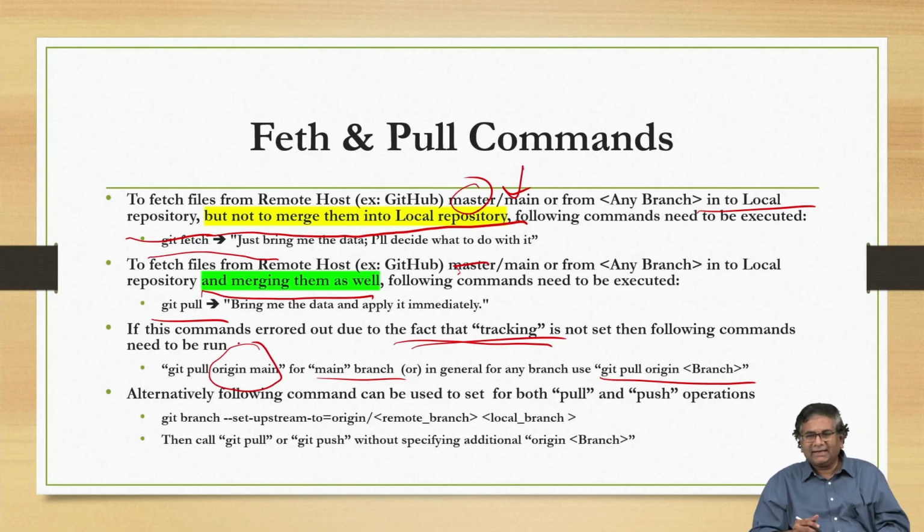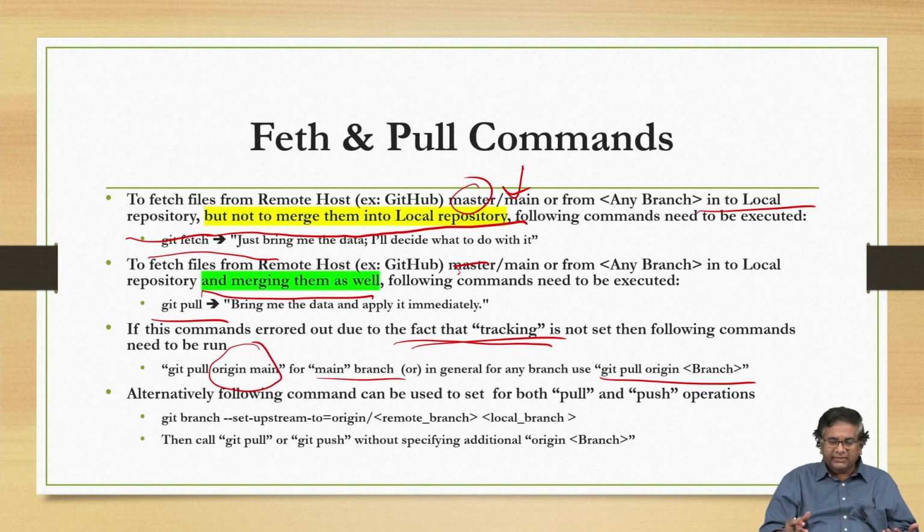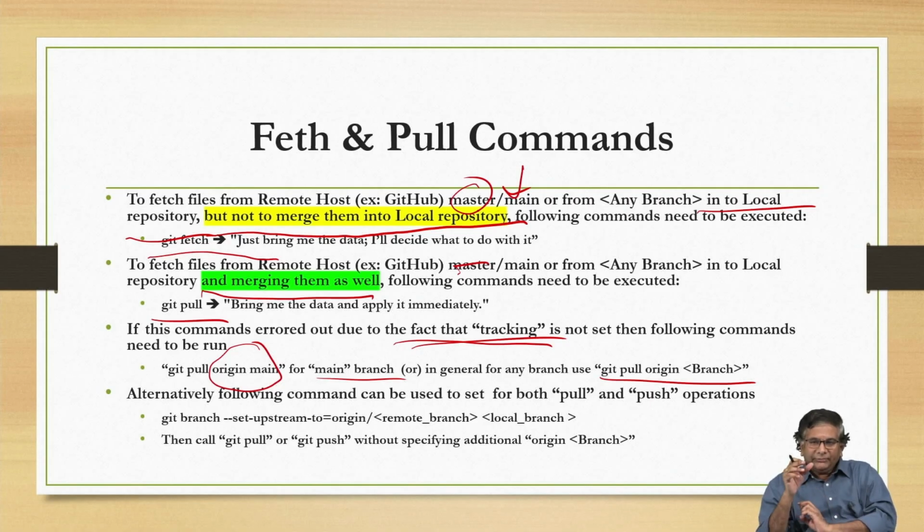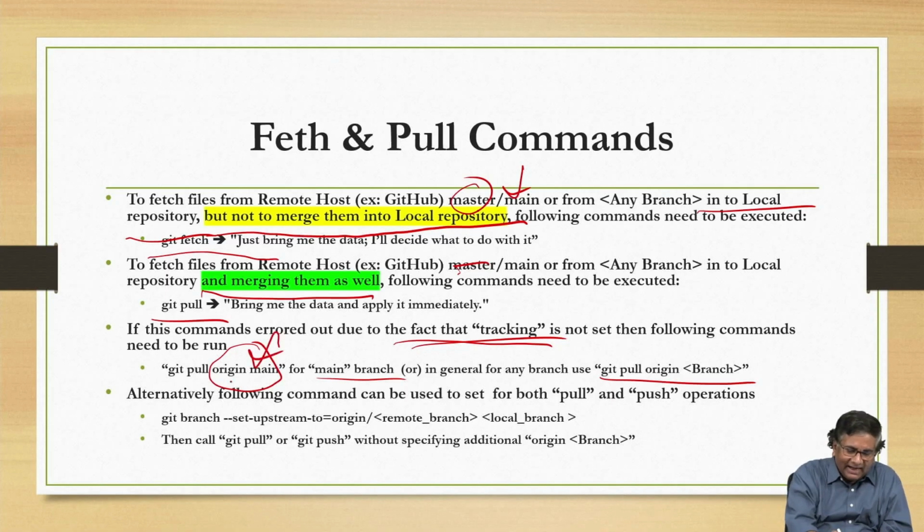So what is tracking? Tracking is nothing but like, okay, you said git pull or git fetch. Yes, the connection is established. You know where to go. But from which branch? You haven't specified. And from where? You haven't specified. So you are specifying that in order to get files, you need to go to the main branch, make it the origin and pull the data.